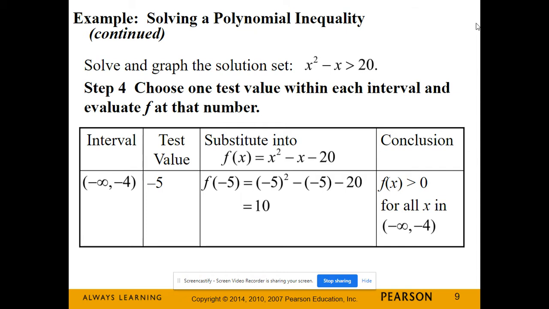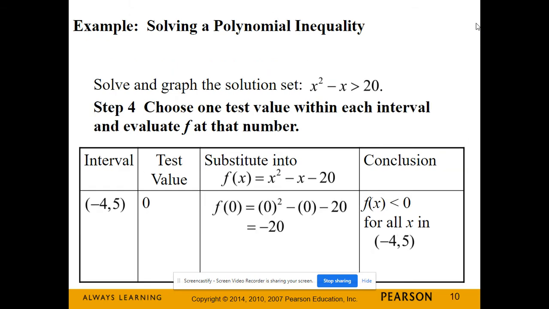So the conclusion is all the y values in that interval are going to be positive. For the interval between negative 4 and 5, pick 0, substitute 0 in, and you get negative 20. Since it's negative, we assume all y values in that interval are negative.